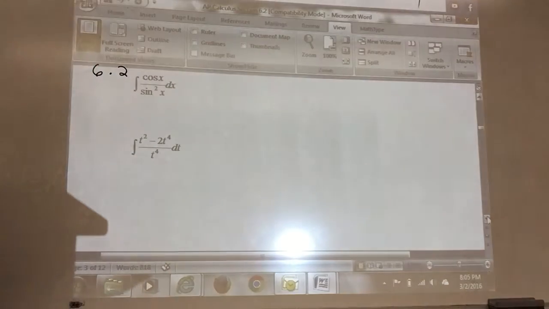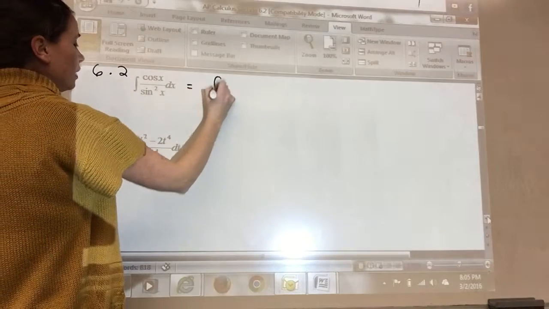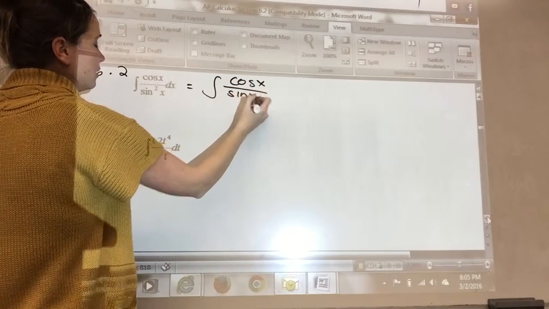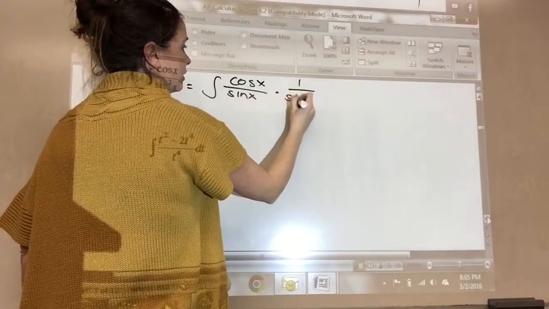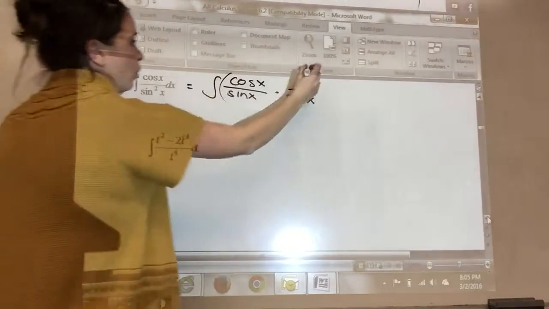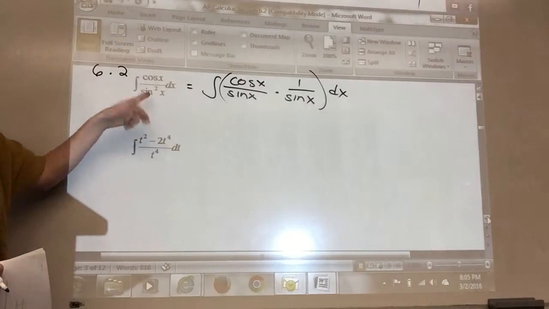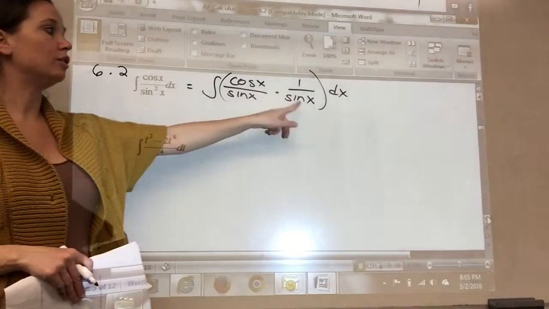So looking at this, we have the cosine of x over sine squared. Let's try to rewrite this. Let's write this as the cosine of x over the sine of x times 1 over the sine of x, okay? And that whole thing is all together dx, right? So you can see I just basically split up the sine squared into 2 different pieces.